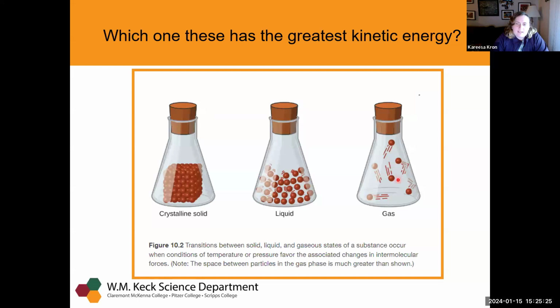It's bouncing around even more, and it's able to exist in more states as it's moving around in this container. If we look at our kinetic energy as we move across this, we increase our kinetic energy as we increase our temperature, and we can use temperature to move between a solid, a liquid, and a gas.